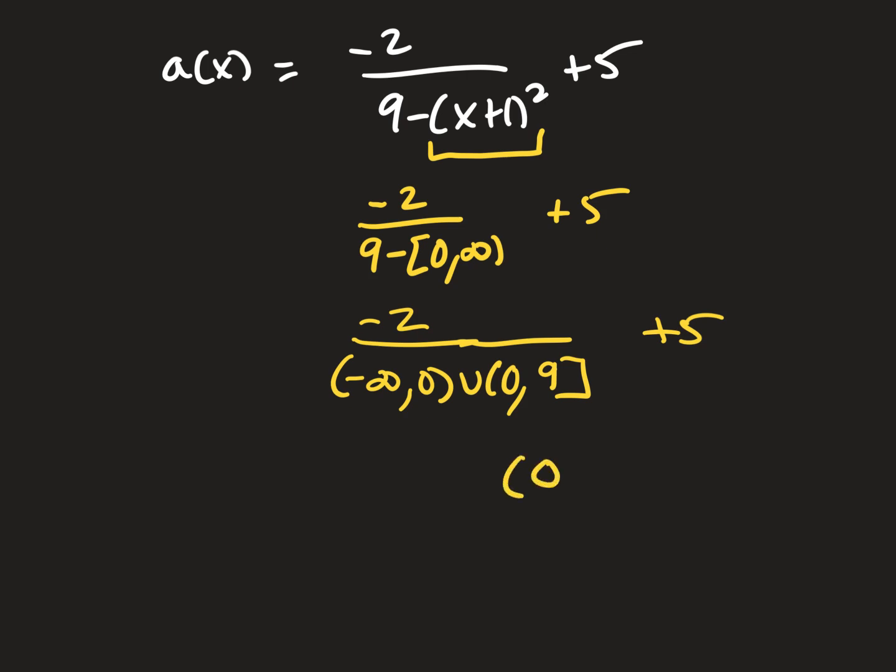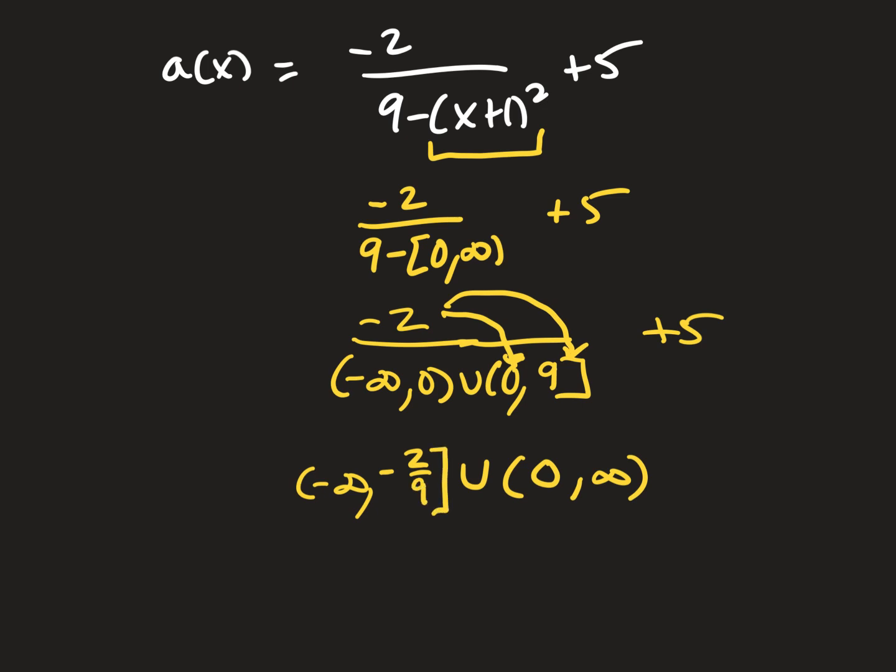-2 over a tiny negative, again positive. When you divide by something super close to 0, you get that explosive behavior, so it's going towards infinity. And now -2 over 9 is -2/9, and the closest it's going to get to 0 on the negative side will be -2/9, because I don't have positive infinity in the denominator.